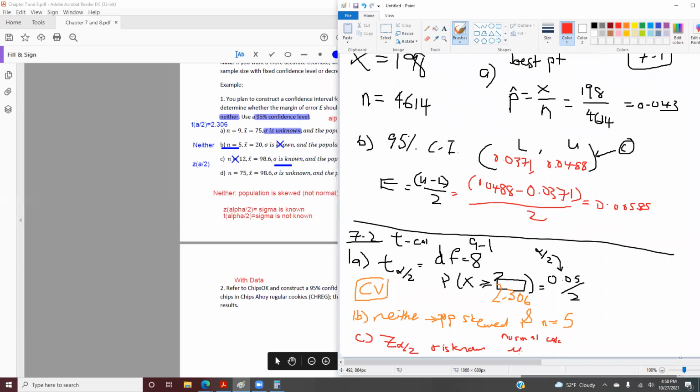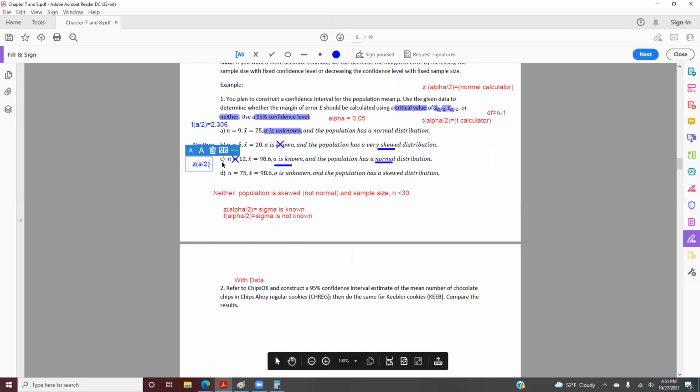Your mean will be 0, your standard deviation will be 1, and you do the same thing, P(X) greater than or equal to blank, and you use 0.05 divided by 2. So this answer will be 1.96.